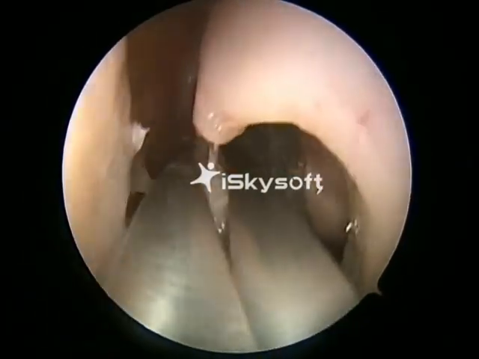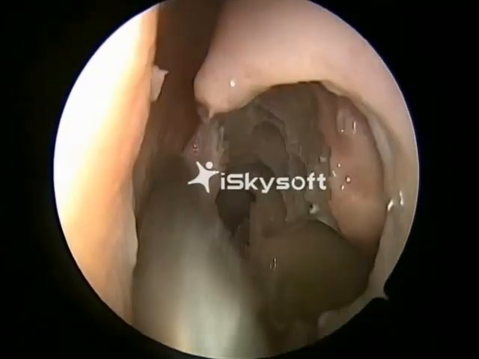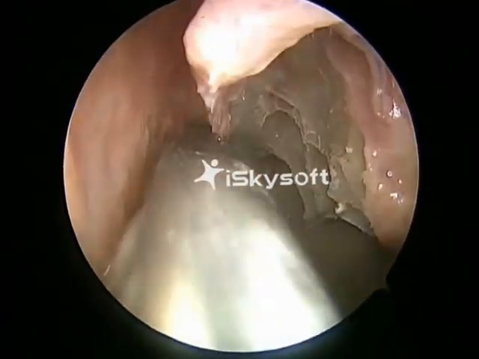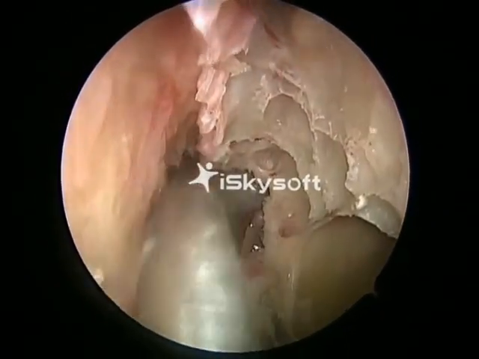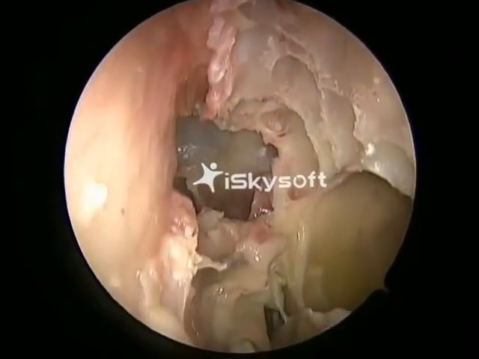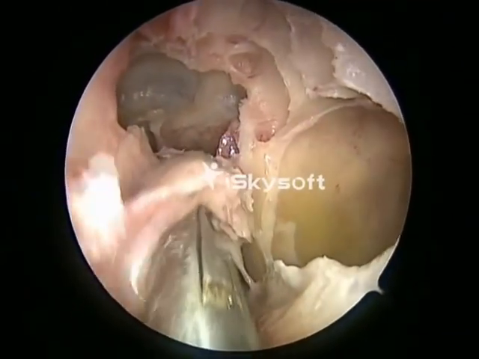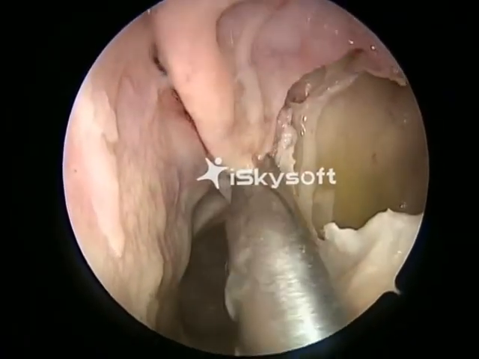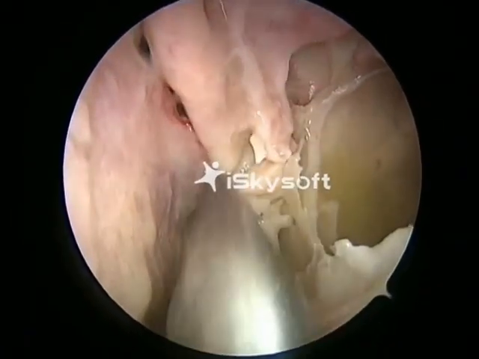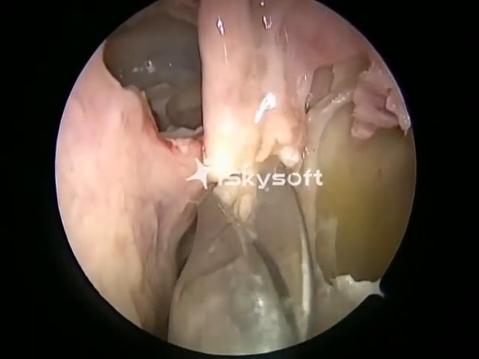This involves resecting the middle turbinate on both sides. If you are doing just a Draf 3 procedure for a frontal recess problem, then we will not be excising the middle turbinate. Since we are doing a transcribriform approach, we are resecting the middle turbinate on both sides.